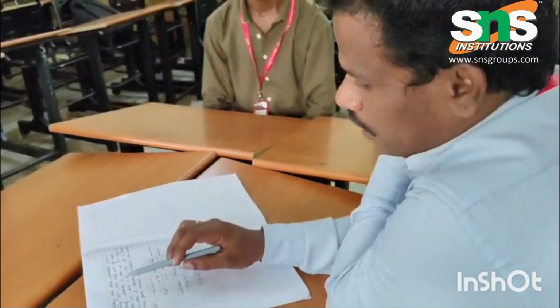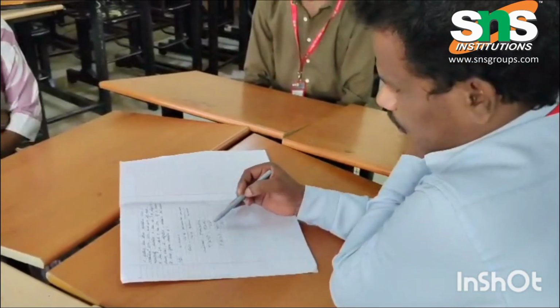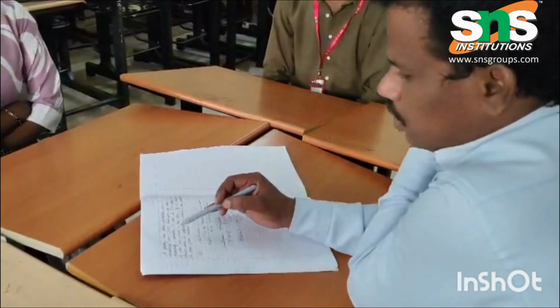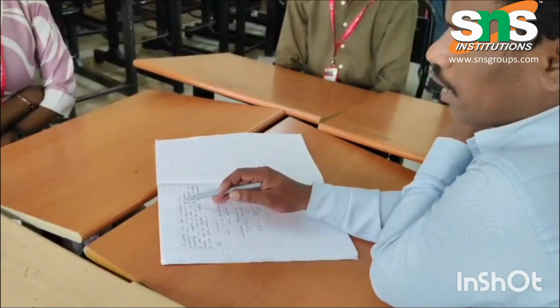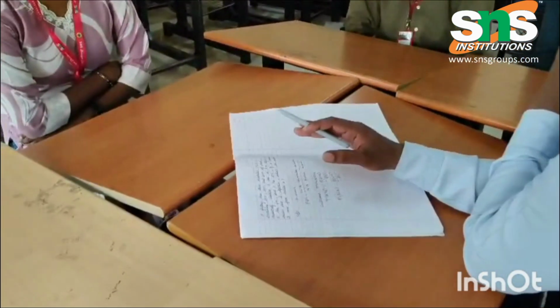Now we apply conditional probability to this problem. This formula is for only two events, but in this question there are three events, machine A, B, C. So there are more than two events. You can use Bayes theorem.